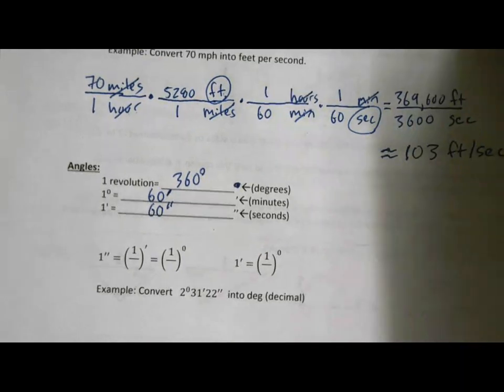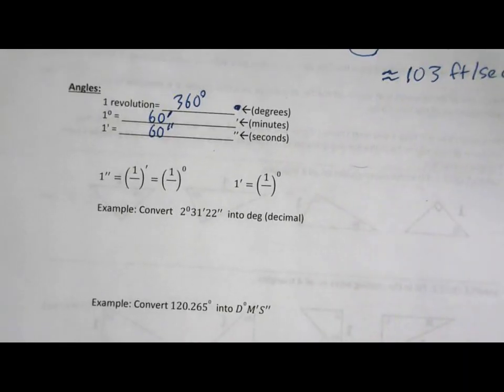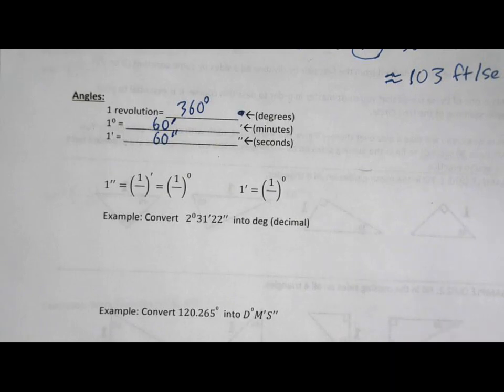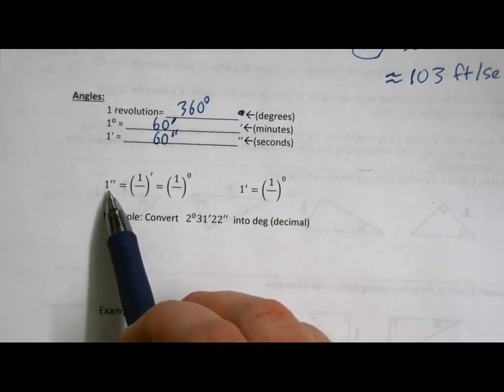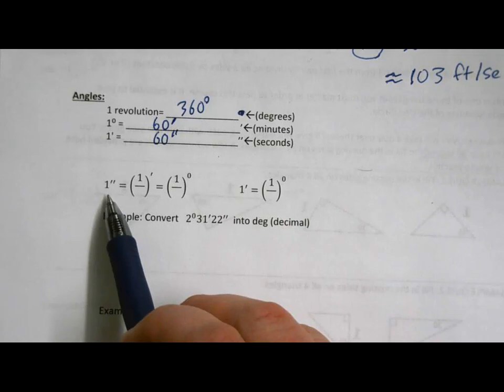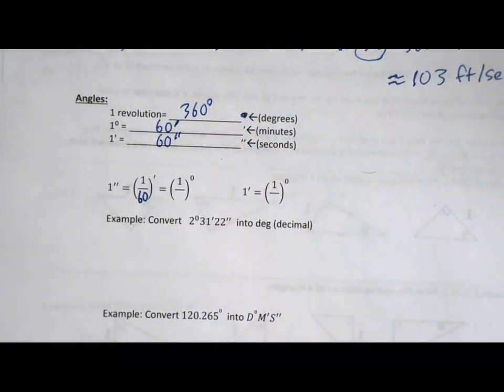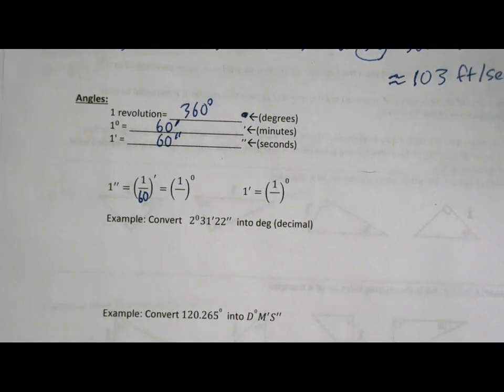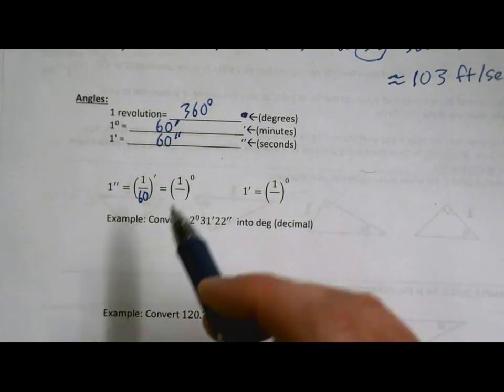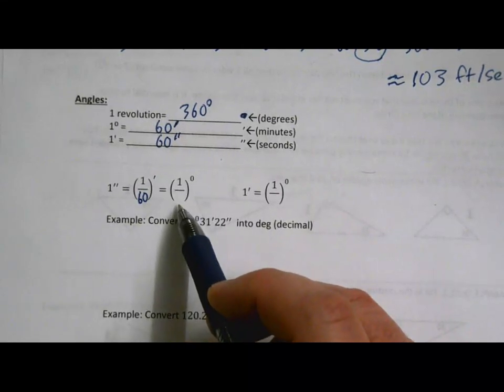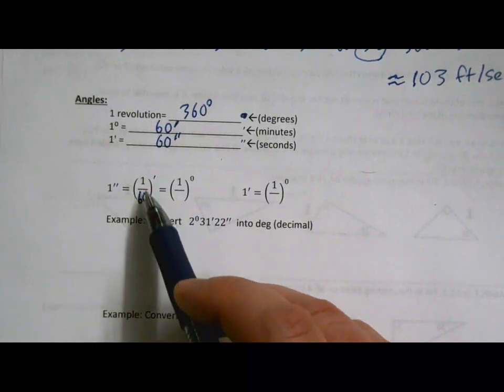This doesn't come up too much. It's mostly just in this first section, but I need you to know what they are because it's kind of classic calculus stuff. So that means that 1 second is equal to 1/60th of a minute.